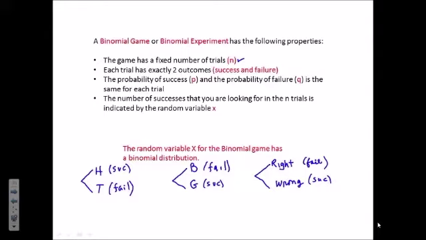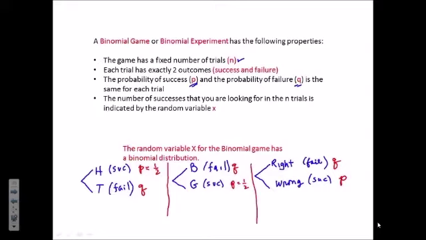Now, the probability of success is indicated by the letter P, and the probability of failure is Q. So P goes with success, Q goes with failure. So, for example, flipping a coin, the probability of success, the probability of getting a head, would be 1/2. When you have a baby, the probability of having a girl is also 1/2.